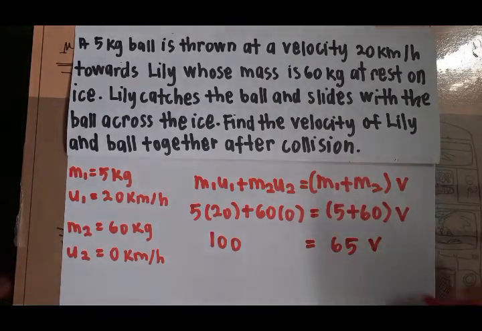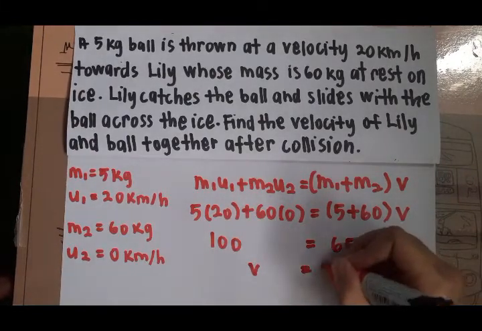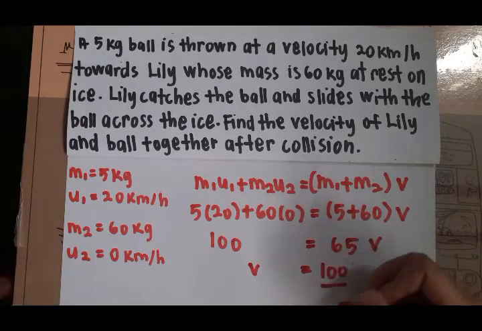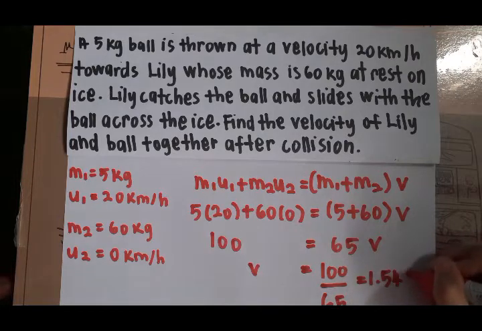Okay, so the final answer is V equal to 100 divided by 65, and we have 1.54 kilometers per hour.